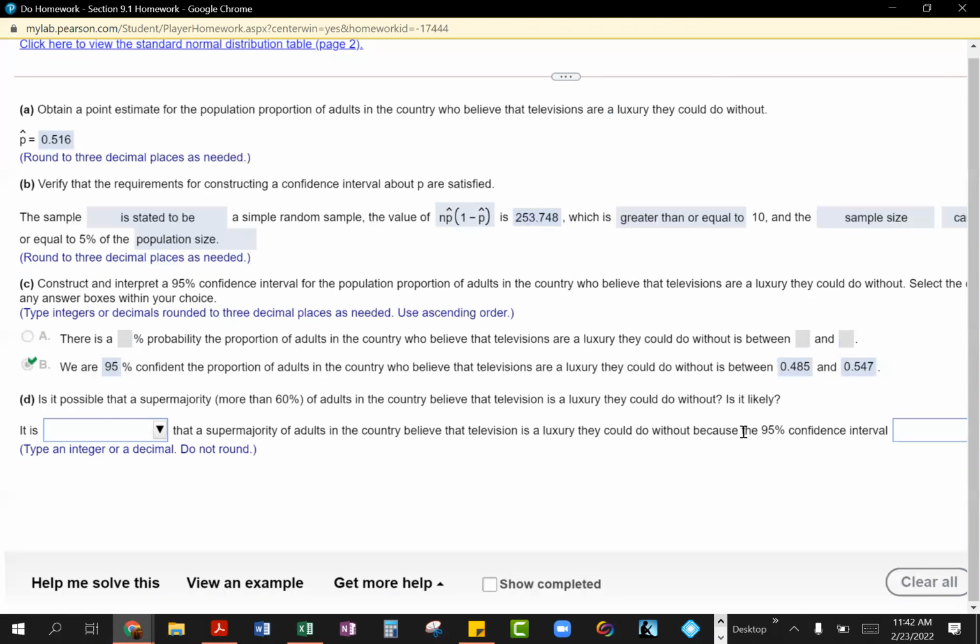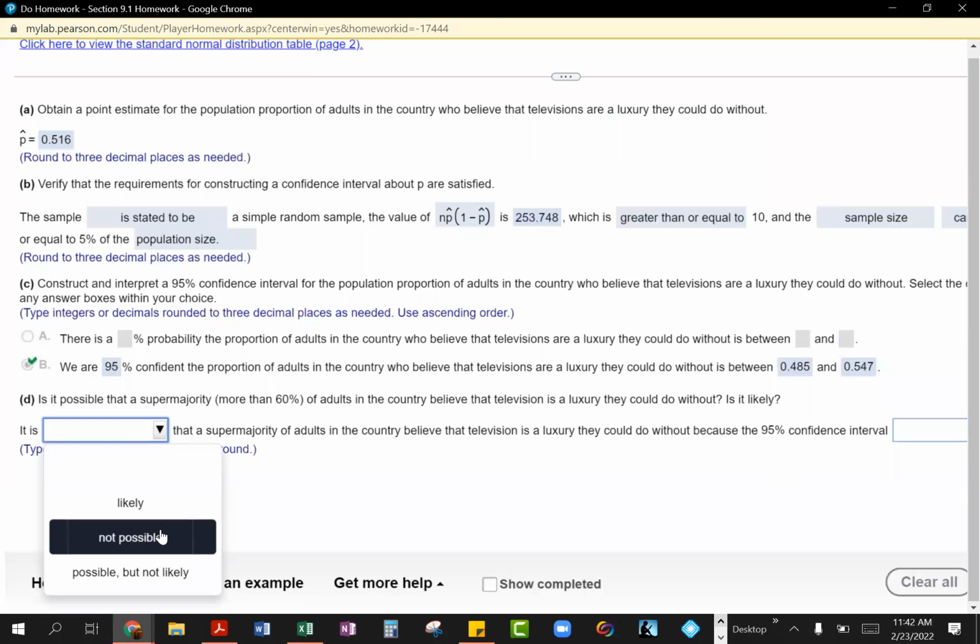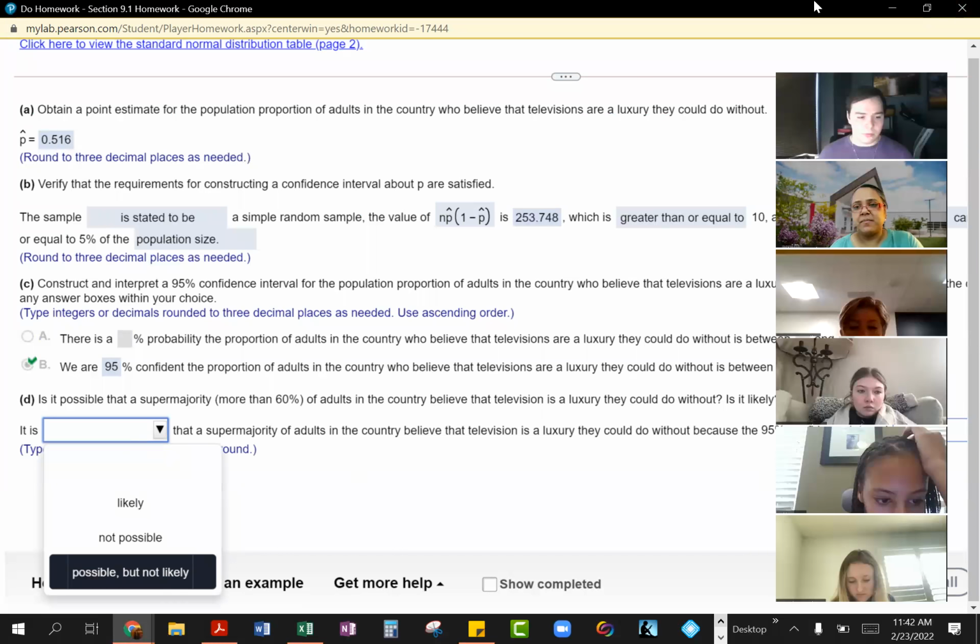So looking at our confidence interval, can we say that the supermajority, which is more than 60% of the adults in the country, believe that television is a luxury they can do without? So is it likely, not possible, possible but not likely? So where are you guys leaning with this choice over here, looking at the confidence interval?